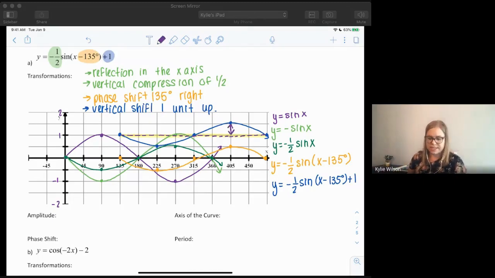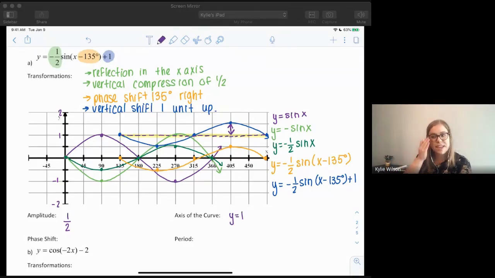So in this case, my amplitude is just 1. Oh, sorry, it is 1/2. Next is my axis, so that dashed line I drew with the yellow highlighter is at y equals 1. So that would be my axis of the curve.